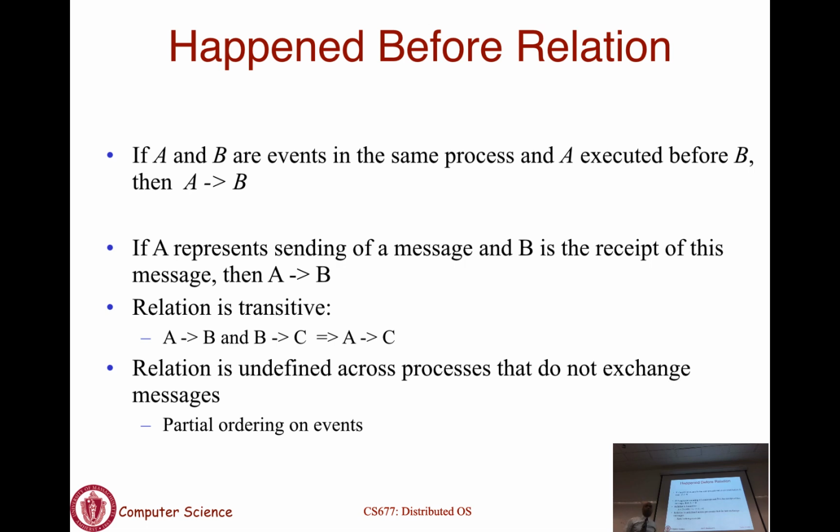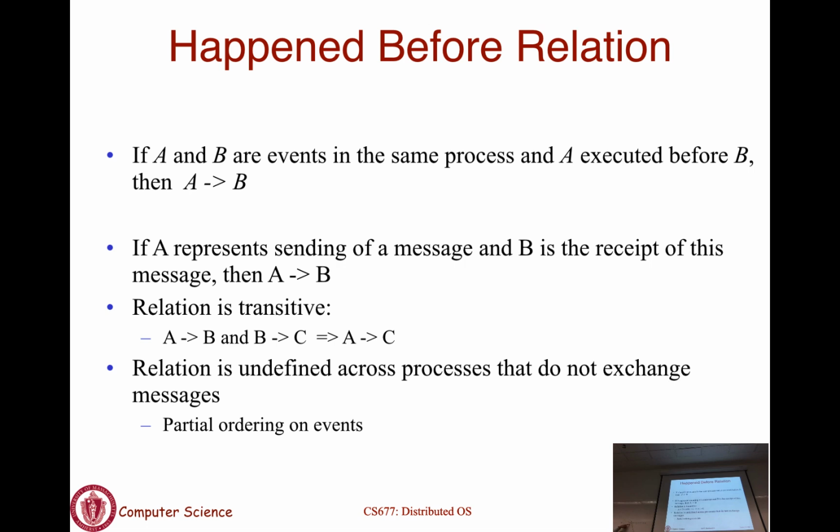The third thing we are going to say is that the relationship is transitive. If A, B, C are three arbitrary events of any sort, and you know that A has happened before B and B has happened before C, you can then say A has happened before C. So the relationship is transitive, which is the same thing we did here. We could derive an ordering of events before the send and after the receive because of transitivity.